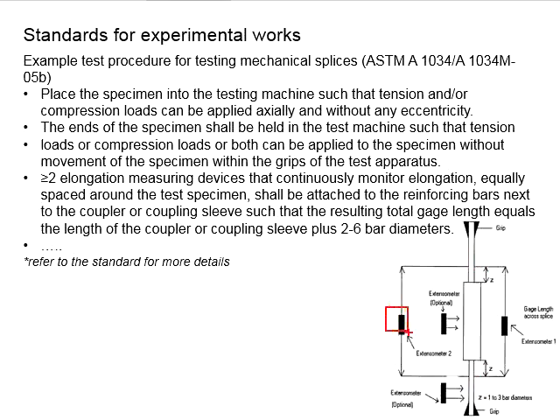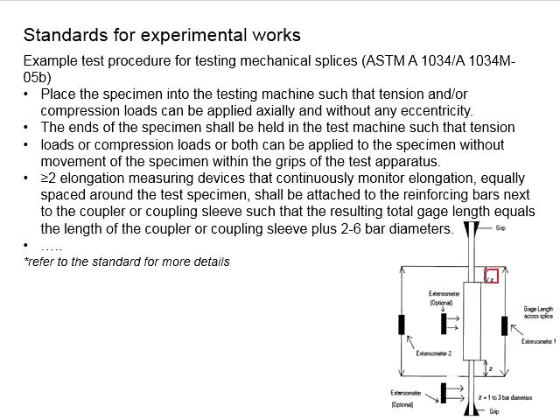These 2 measuring devices need to be placed at opposite directions, and the result taken will be an average of the 2. And the distance between the 2 points here will be equal to the length of the coupler plus 2z here. The z here, as a summation of the 2z, should be about 2 to 6 times the bar diameter.